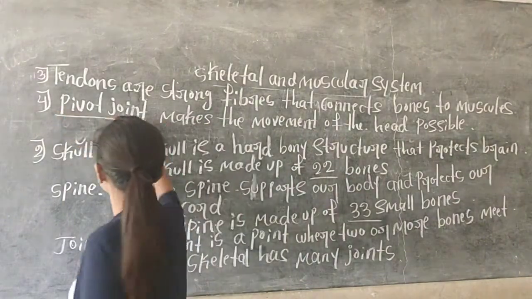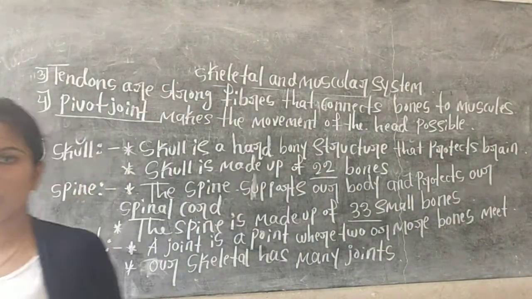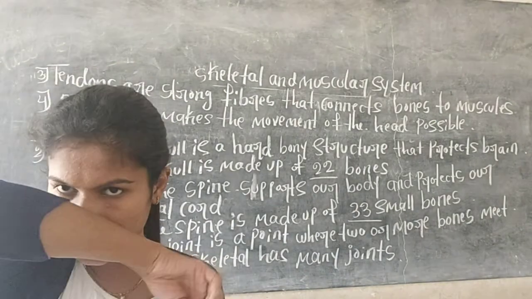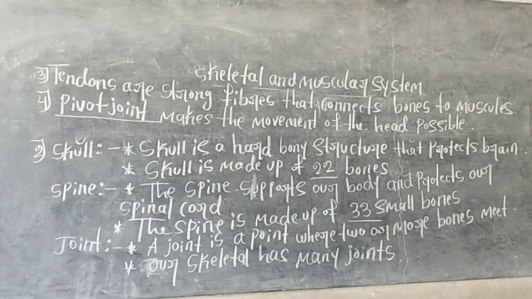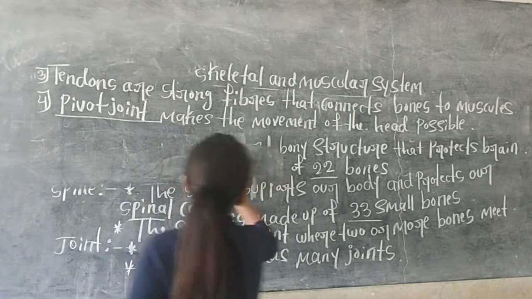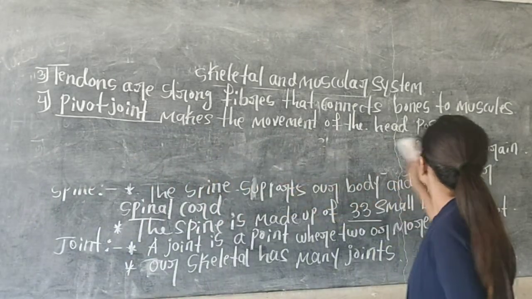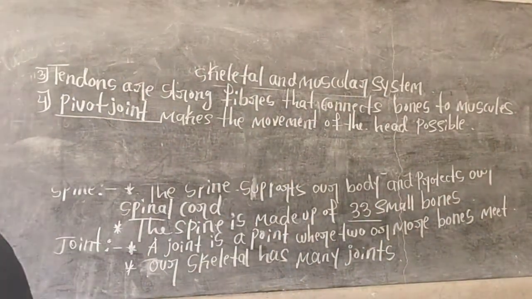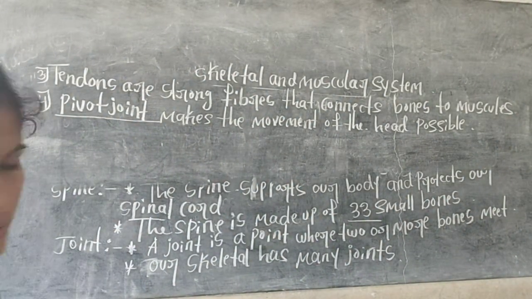That is the pivot joint. So this is the fourth one. Next, the fifth one: what are limbs? Write what limbs are: the arms and legs.